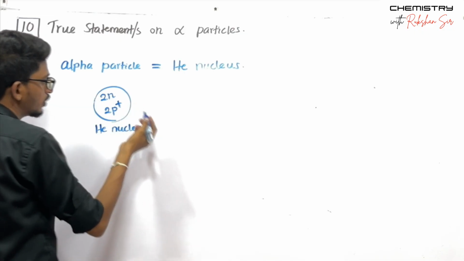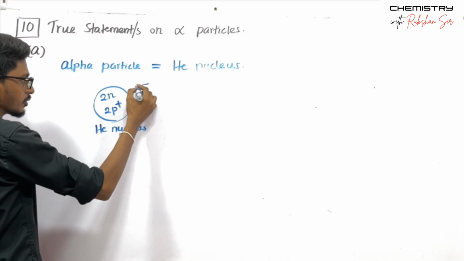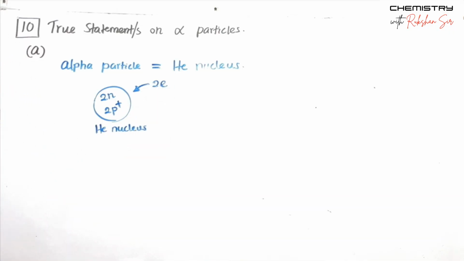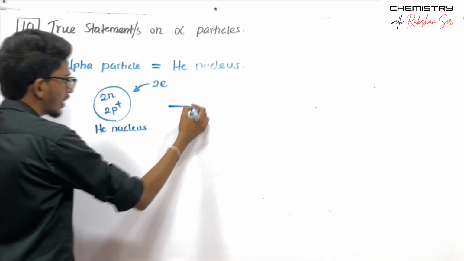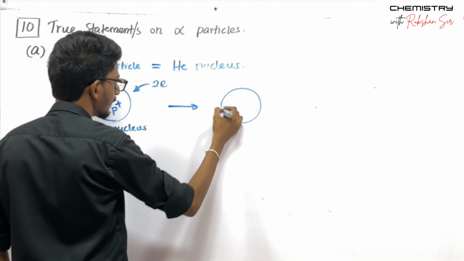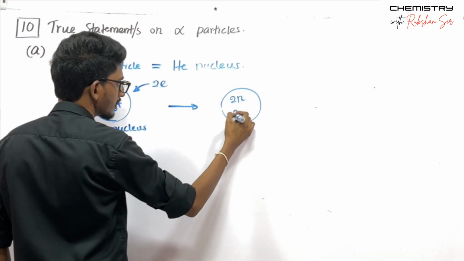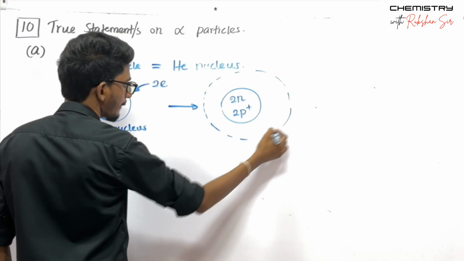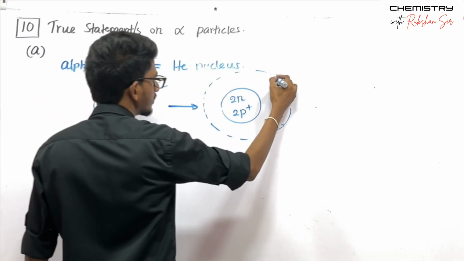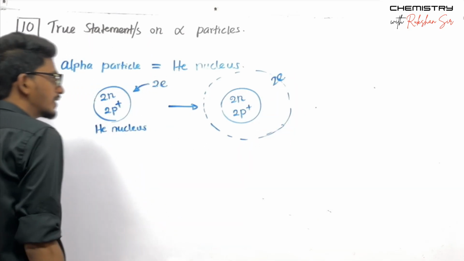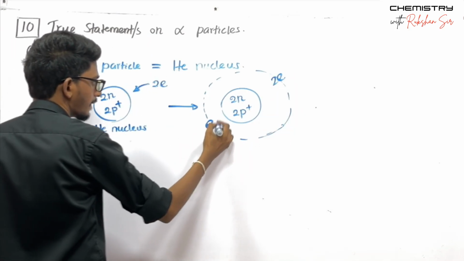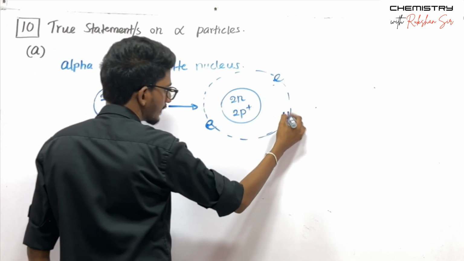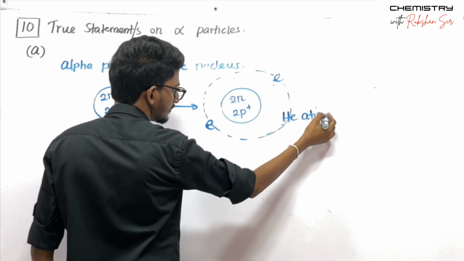So if you add 2 electrons to there, you will come up with 2 neutrons, 2 protons, and 2 electrons. This is the helium atom.